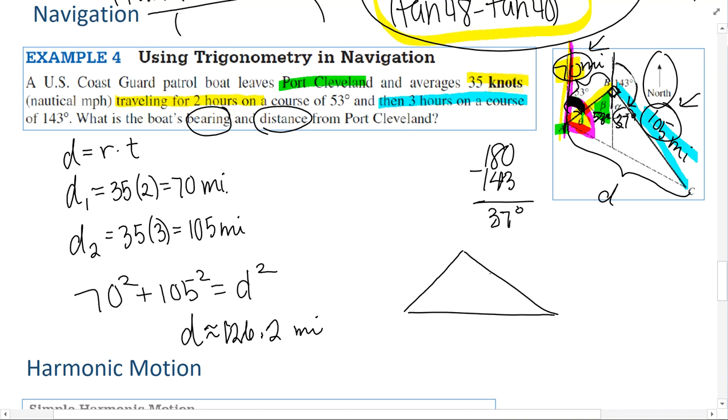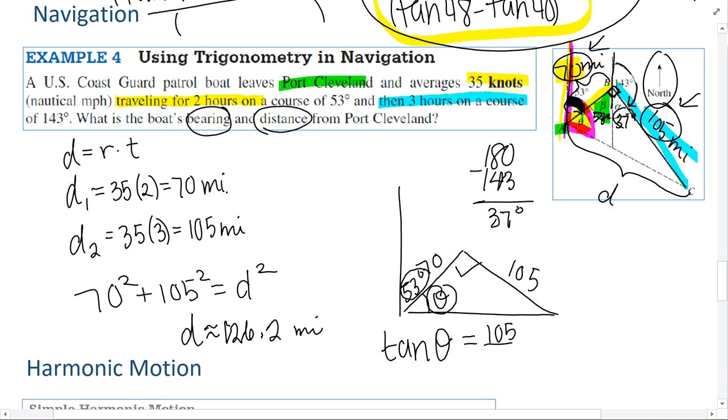It's a little crazy. Okay, we have, this is theta, this is 70, this is 105. This is due north, so this is 53. So if we find theta, we can add it to the 53. So we're going to do tangent of theta equals the opposite, 105 over 70. To solve that, we're going to do tangent inverse of 105 over 70.